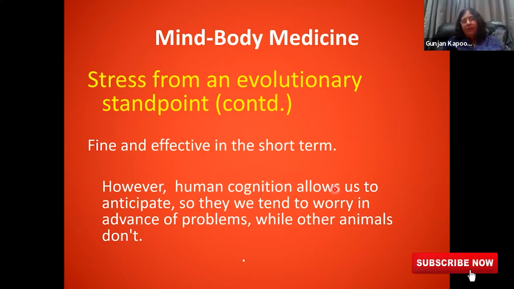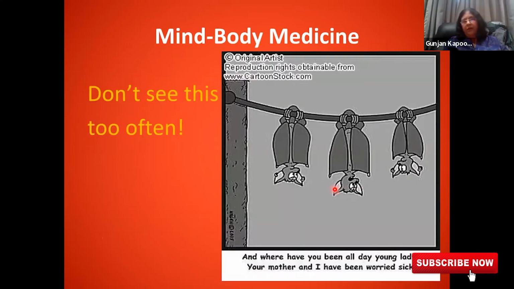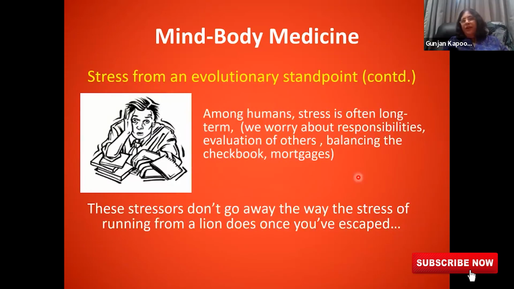So we can anticipate, we worry, we have anxiety. It is beautifully said that if a daughter bird comes home, the mother and father bird don't tell her, where were you all the time? I was worrying about you. But look at the human beings. All day long, our mind is giving us some reason or other to think about, to worry about.